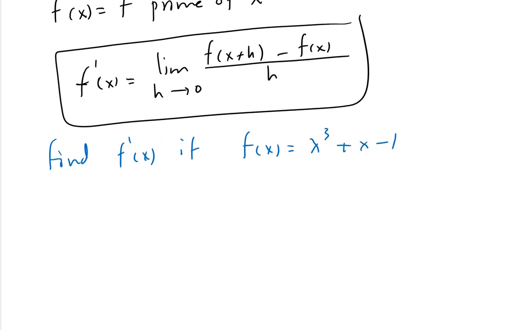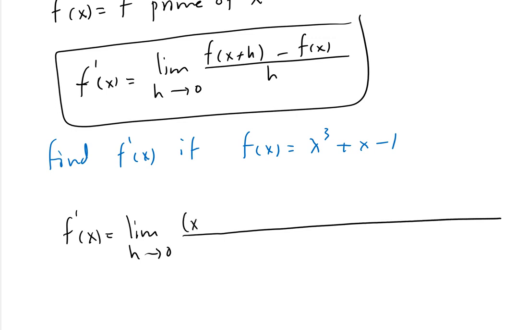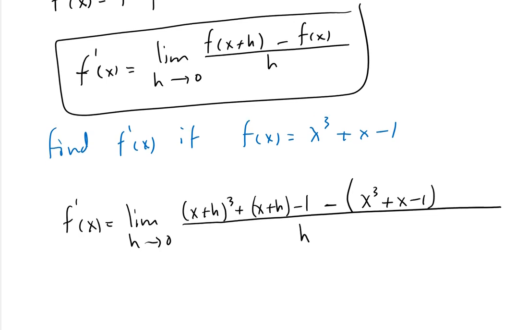To do so, we just apply this definition, the limit as h goes to 0 of f of x plus h, which is x plus h cubed plus x plus h minus 1, minus f of x, all over h.